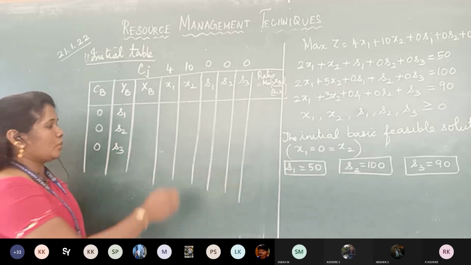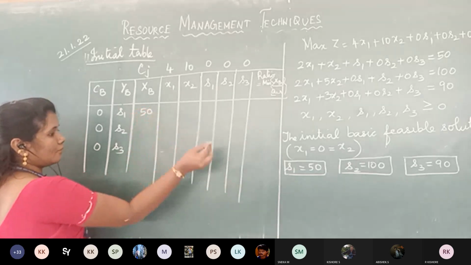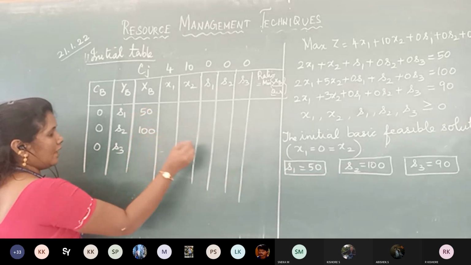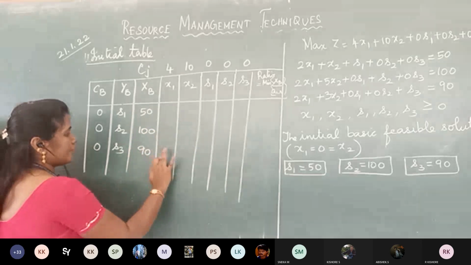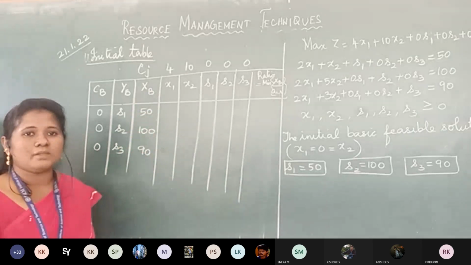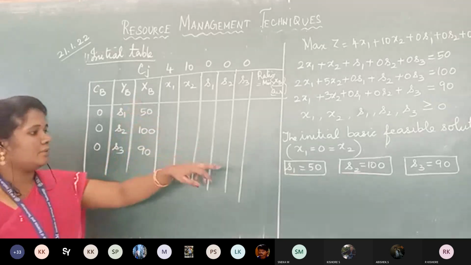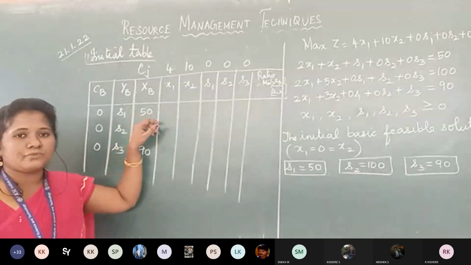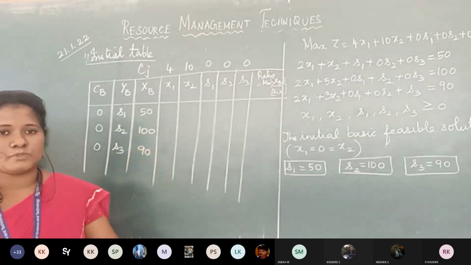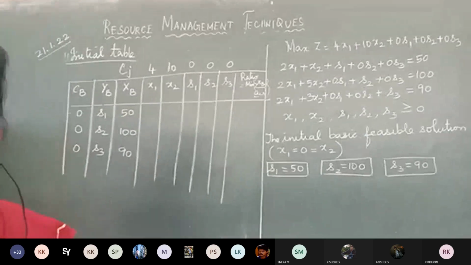They are found to be S1 is 50, S2 is 100, S3 is 90. So that will be your XB. That value you will substitute here.